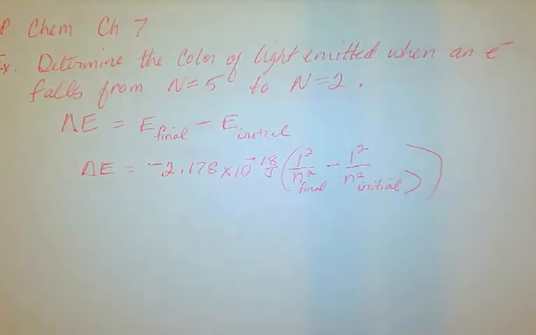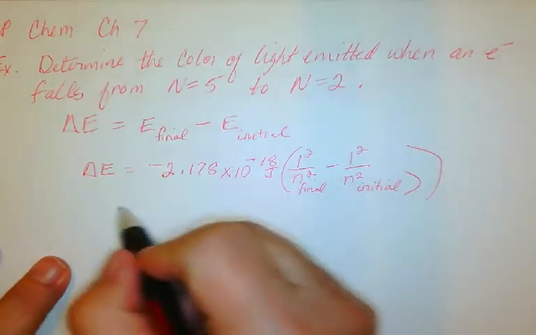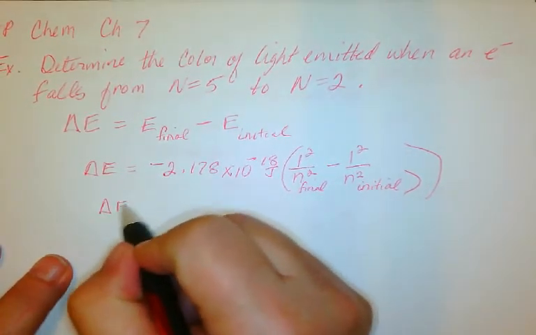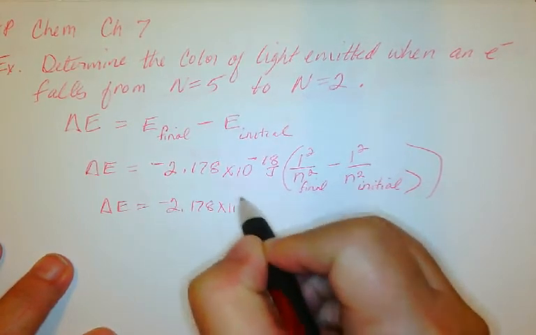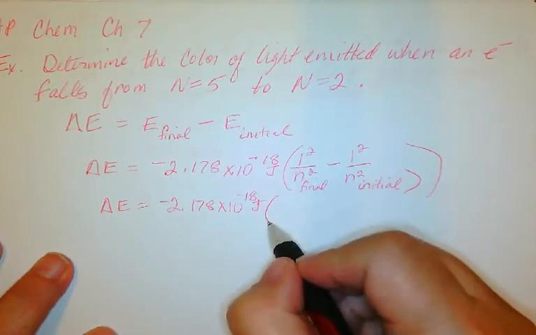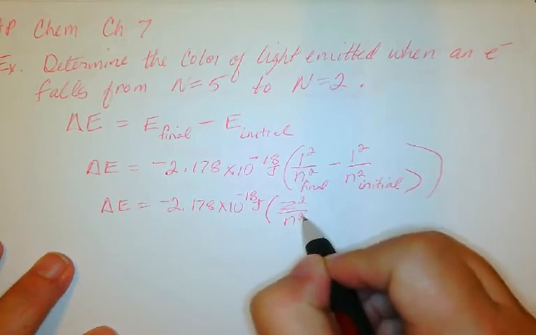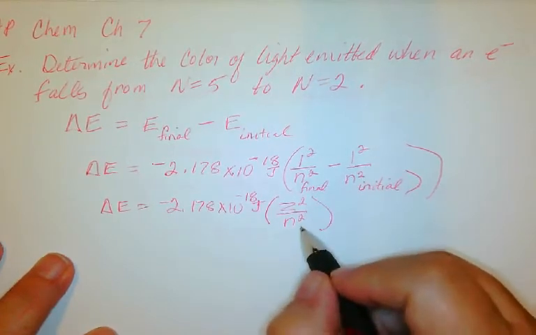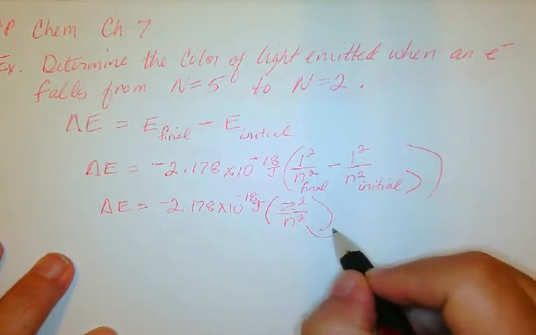Okay, so that is the equation in the notes. This is also simply written as E equals negative 2.178 times 10 to the negative 18th joules times Z squared over N squared, where N squared is the energy level.